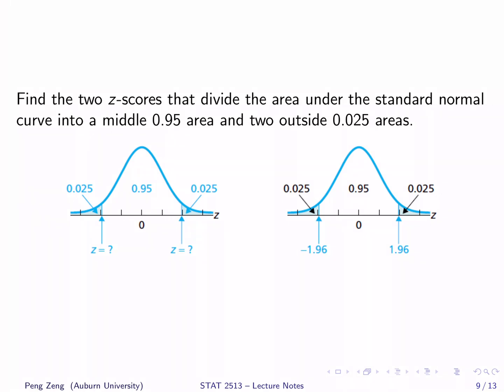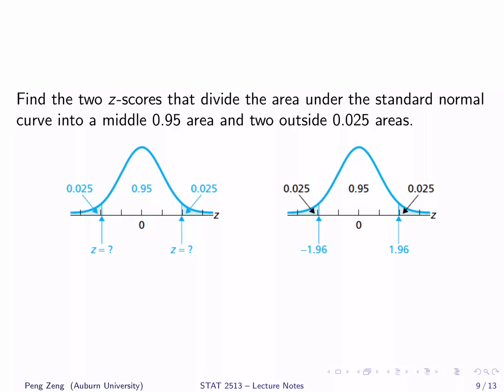Now, try to find two z-scores such that the area between these two z-scores is 0.95 and the area on both sides is 0.025. Clearly, the second z-score is exactly the z-0.025. We have already known that this value is 1.96.